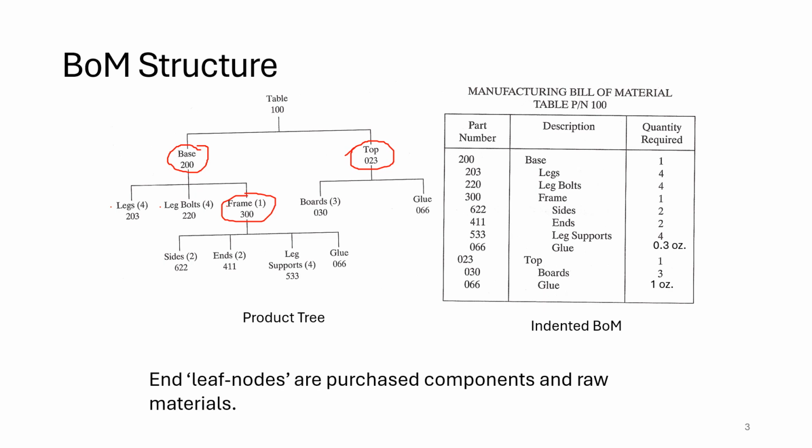Similarly, over here, the frame is not an individual part, but it's an individual subassembly, which is made up of the sides, ends, leg supports, and glue. And the components over here, which don't branch out, are also called the leaf nodes, and these represent the individual parts. So, for example, the legs, the leg bolts, the sides, the ends, the leg supports, the glue, boards, and glue again.